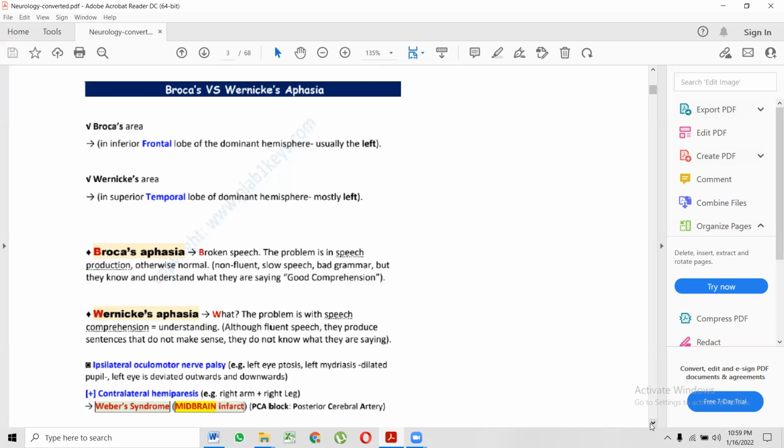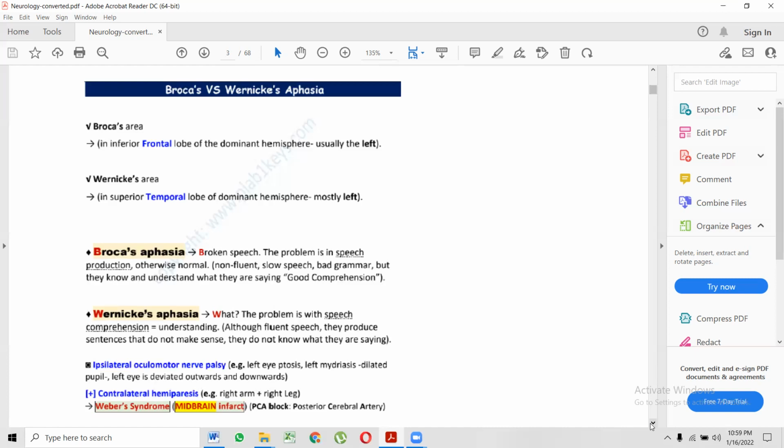The area of the brain that controls the motor speech is located in the frontal lobe, which is called Broca's area, and damage to this area results in broken speech. The patient has a problem in speech production. He is unable to produce normal speech, non-fluent slow speech.